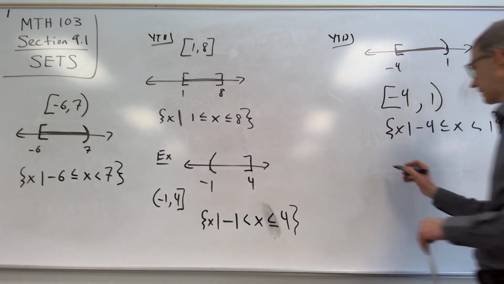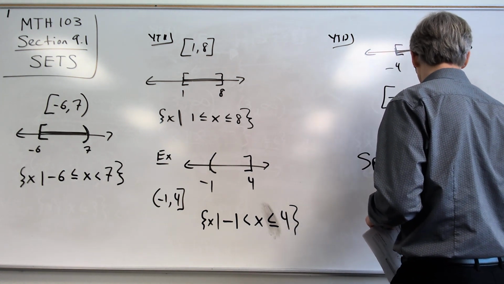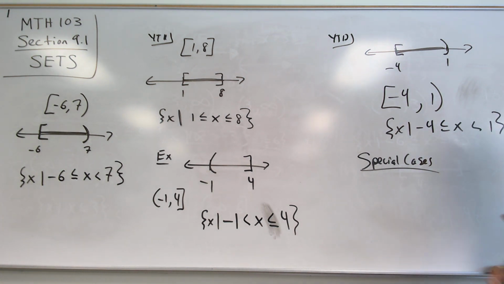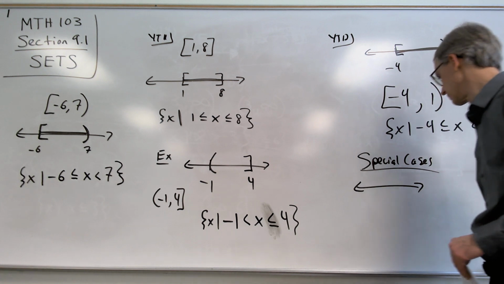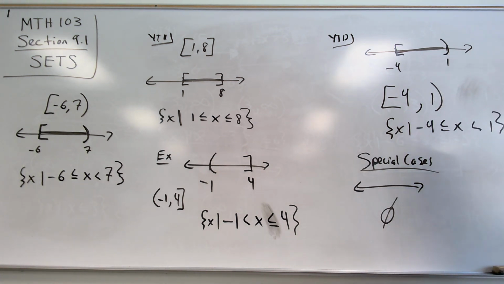Now there are a couple special cases. With some equations, we may get no solution for the answer. And in that case, if you graph it, it's just an empty graph, no shading, and the symbol for no solution, as we saw before, is the empty set, 0 with a line through it. And sometimes we will have all real numbers as a solution.